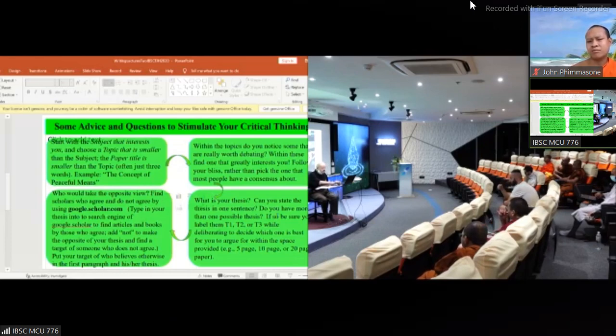Okay, now here's another strategy you can use. Do you have more than one possible thesis? If so, you can label them T1, T2, T3, and in that, start deliberating to decide which one is the best for you to argue within the space provided. You might have a 5-page paper, you might have 10, you might have a 20-page paper.